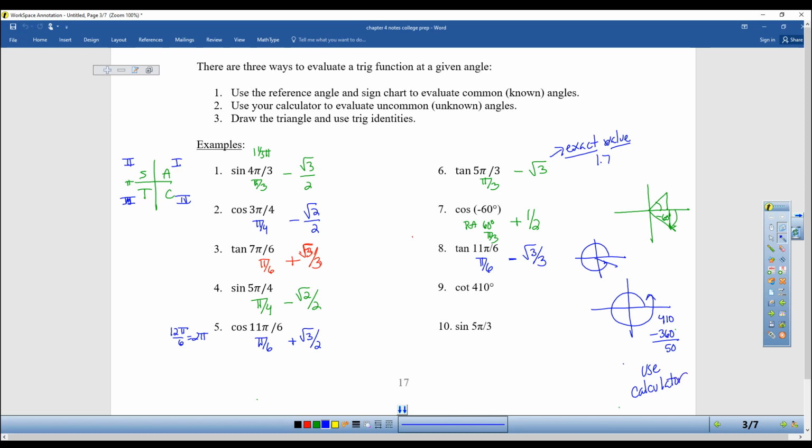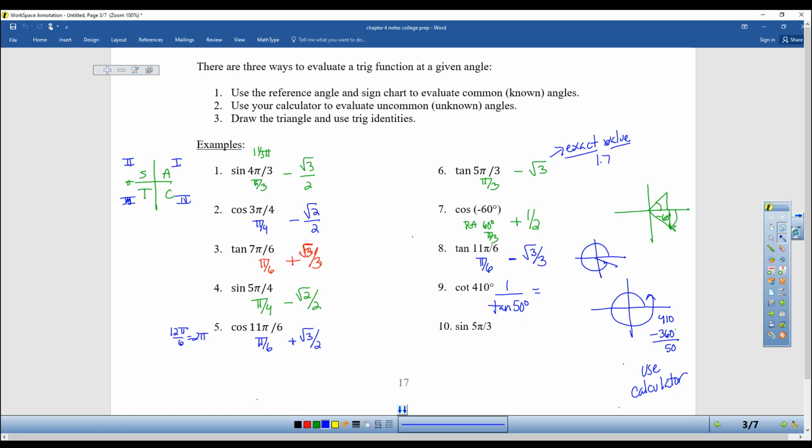But like I said, as if this problem wasn't tricky enough, now it's a cotangent, which isn't on your calculator. So you are going to have to use the property that cotangent is the reciprocal of tangent. So I'm going to write this as 1 over tangent of 50 degrees. And that you can do on your calculator. Literally, just make sure your calculator's in degree mode, and then go ahead and do that.